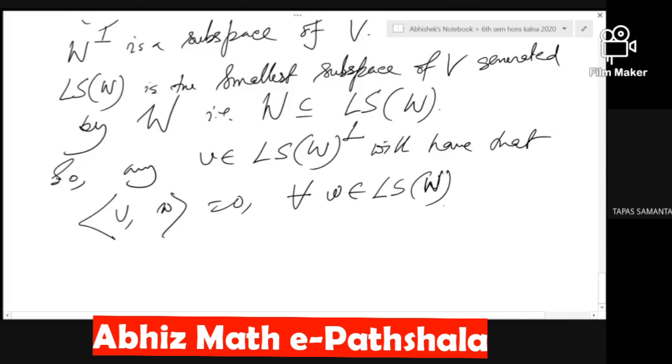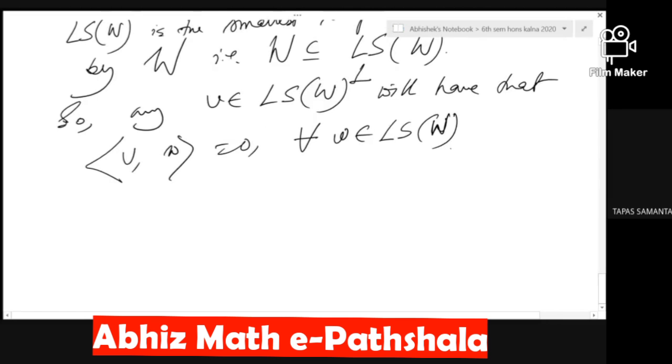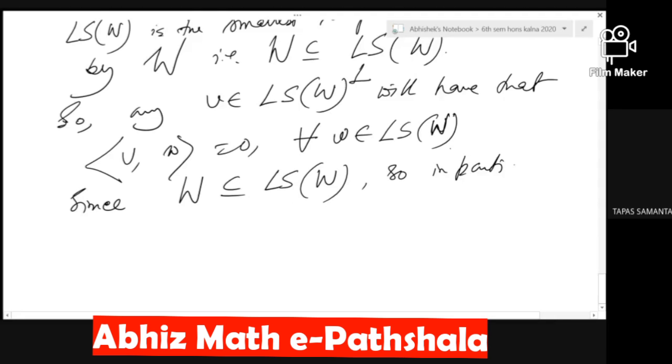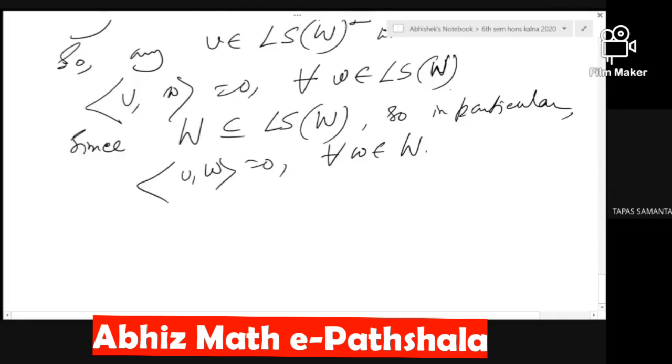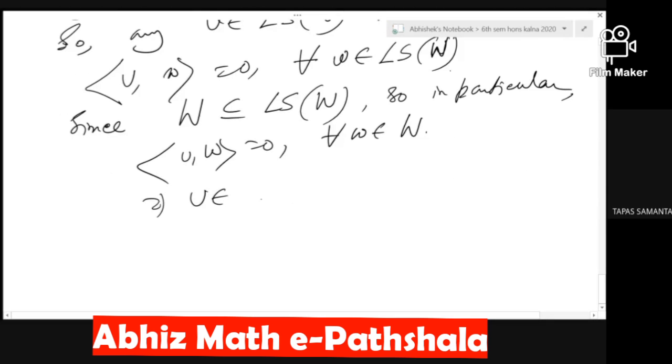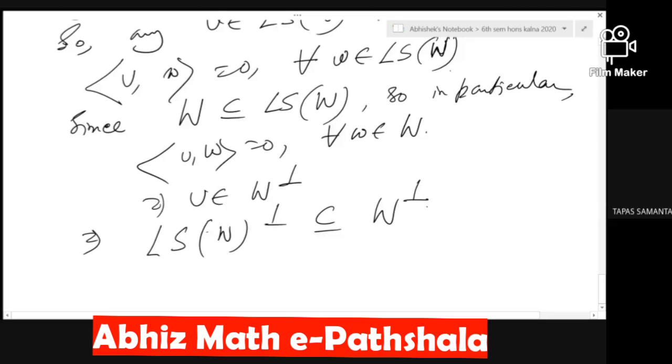Now, since W itself is a subset of LSW, in particular, for every vector of W, the inner product of v comma w is 0 for all w belonging to capital W, and that means v belongs to W perp. So therefore, LSW perp is a subset of W perp.